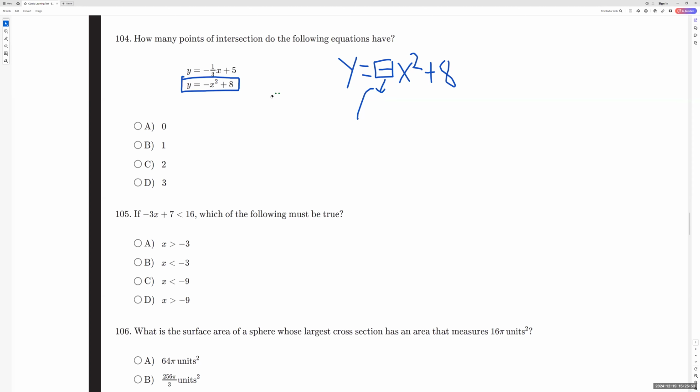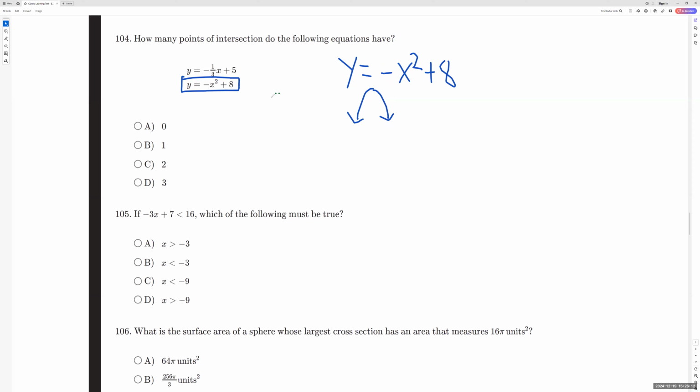All of that to say that it's a negative parabola, meaning it goes down. So it's going to look like that.